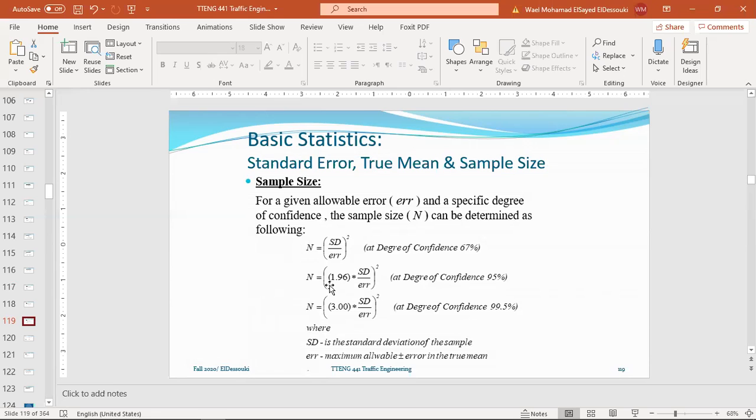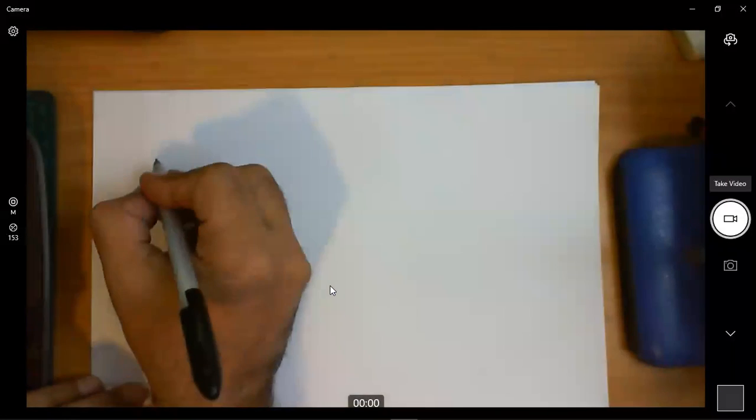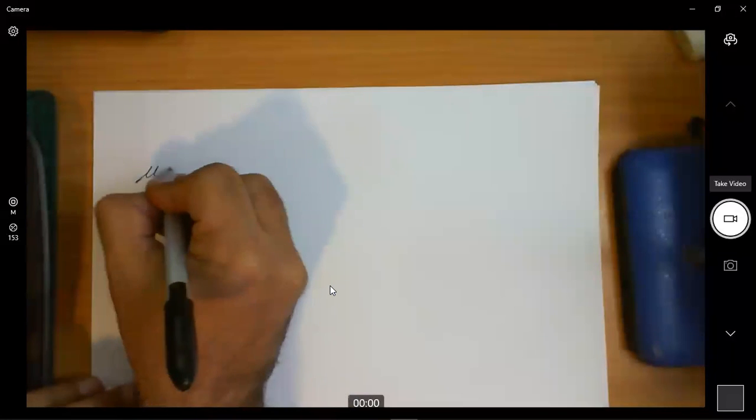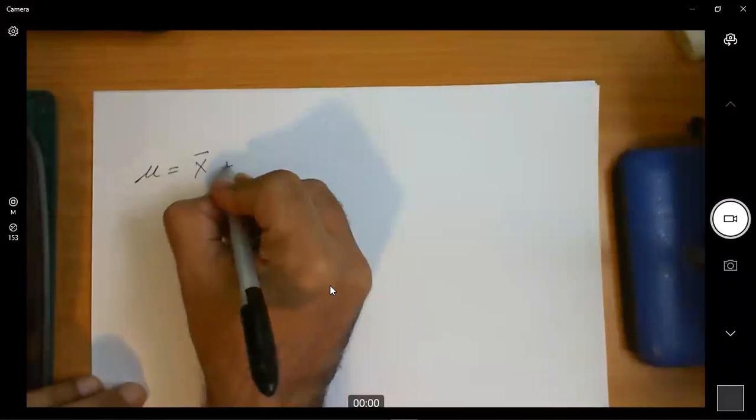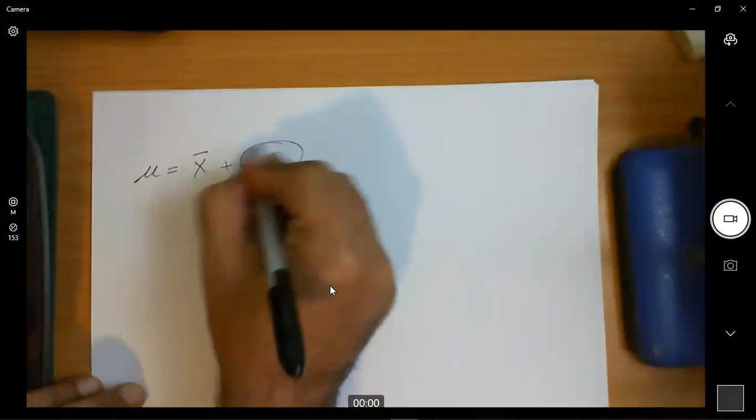We can determine the sample size by reversing the procedures that we did before. As I mentioned before, the error is basically, let me shift to the camera. You remember when we said that mu equals the mean plus error.